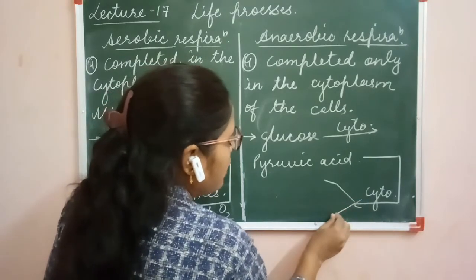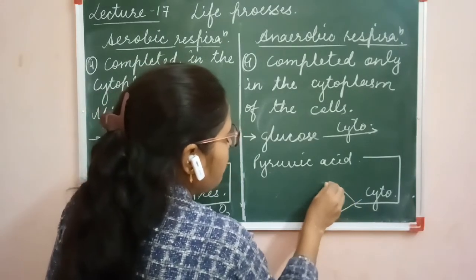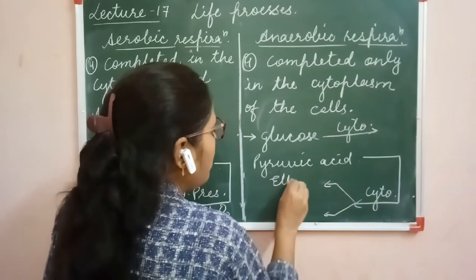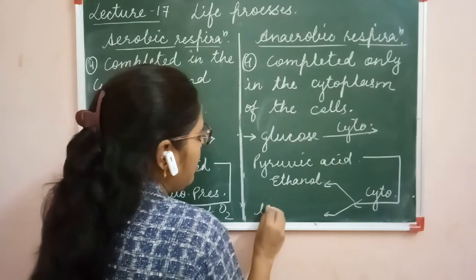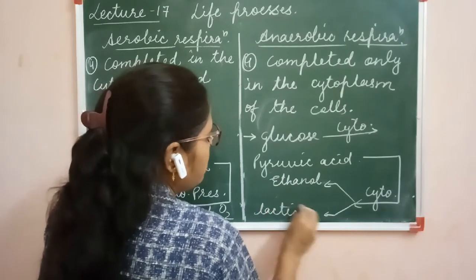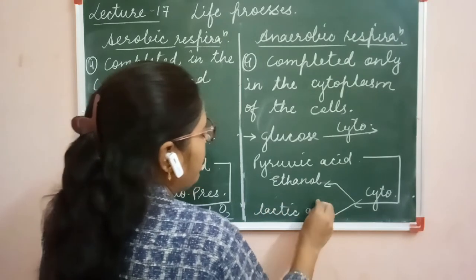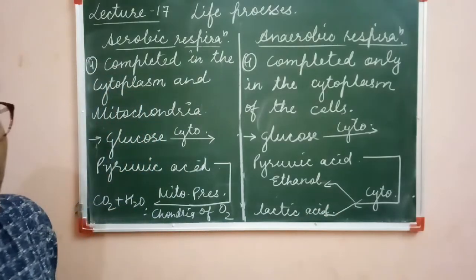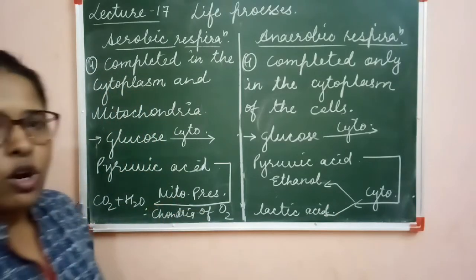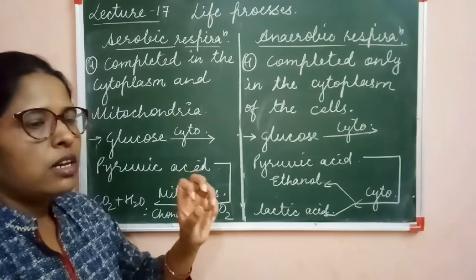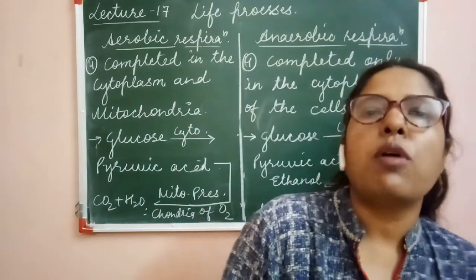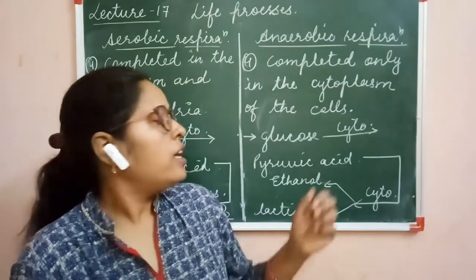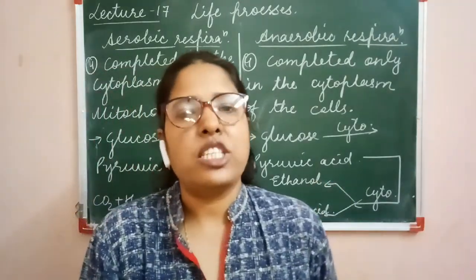The first product is ethanol and the second is lactic acid, which is accumulated in the muscle cells of human beings. Ethanol is also liberated, a little carbon dioxide is there, and a very small amount of energy is liberated during anaerobic respiration.